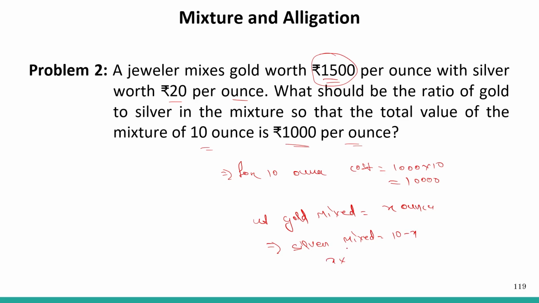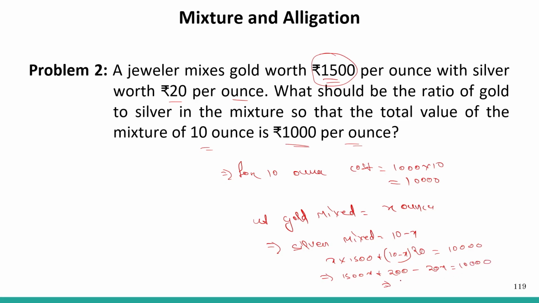So x into 1500 plus (10 minus x) into 20 is equal to the given 10,000, right? So 1500x plus 200 minus 20x is equal to 10,000. This is what we have.